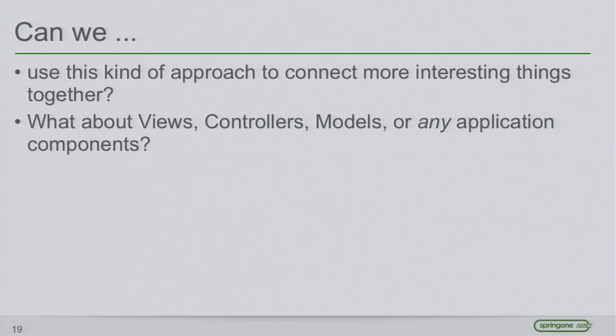So if you think back to the logging example, we had a console and we had a thing, and we wanted them to work together. And one way to do that was to change the source code, but another way to do it was to use AOP. So what if we had a controller and a view and a model, and we wanted them to collaborate in the same way?